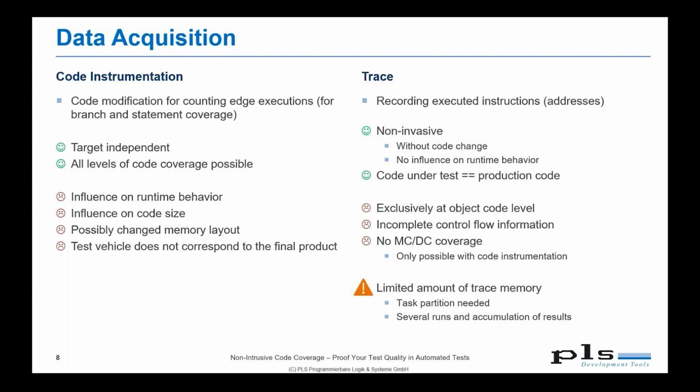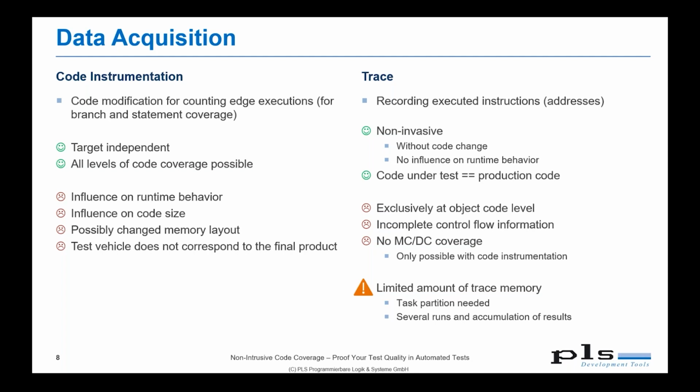A last statement from my side: it's very important to understand that we have a limited amount of trace memory, either in the target hardware or in the tool, because we need a hardware tool to capture the trace, which needs to implement some trace memory.